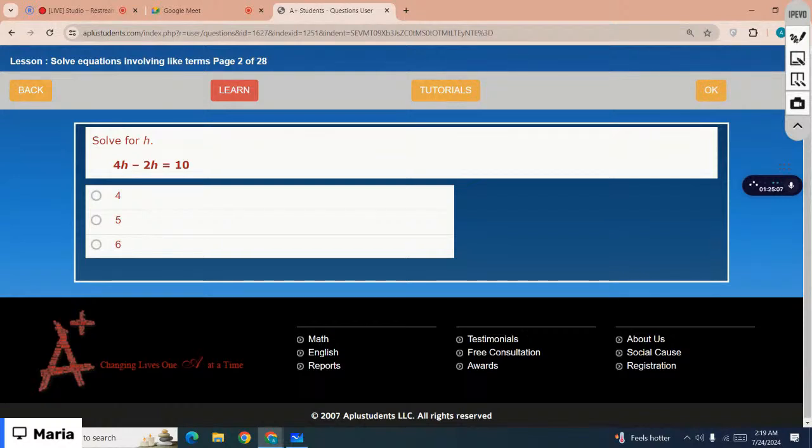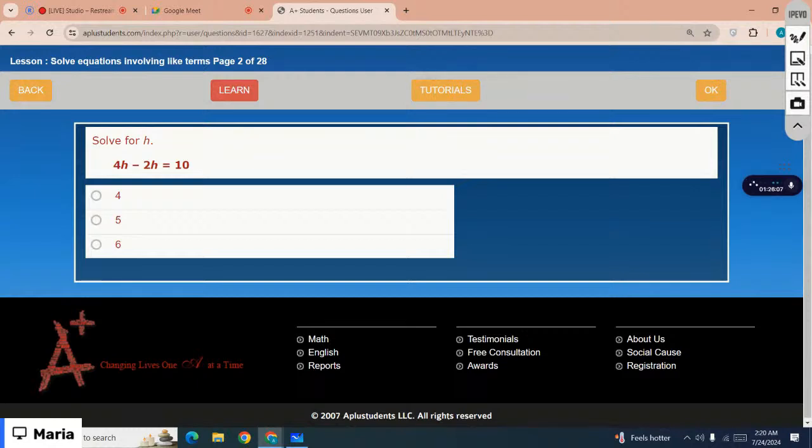Okay, solve for h. 4h minus 2h equals 10. So which is the correct option? Very good.